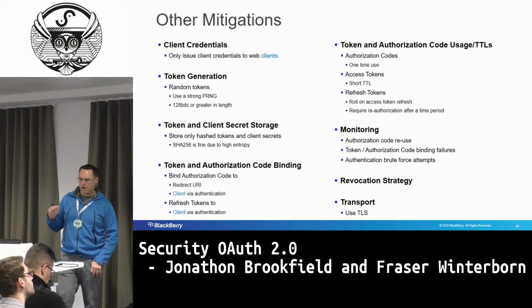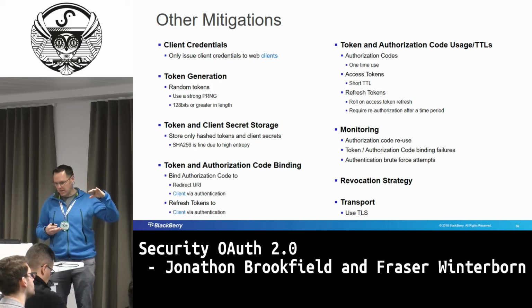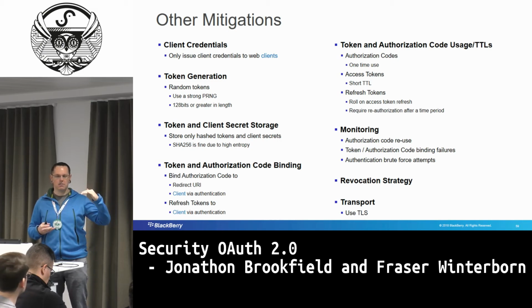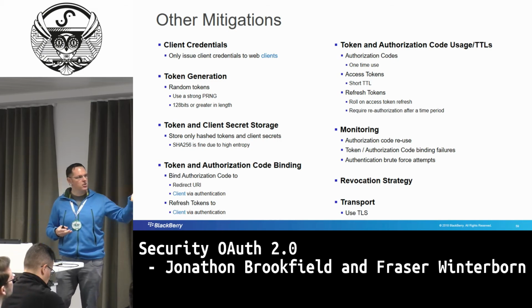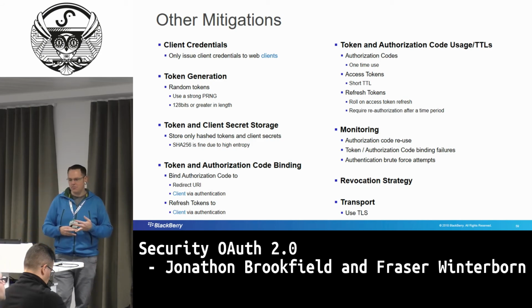In terms of other mitigations, for client credentials, we talked about why you should only issue client secrets to clients that can store them safely. Token generation, again, if you're using random tokens, standard web session rules apply: 128-bit minimum, strong PRNG.